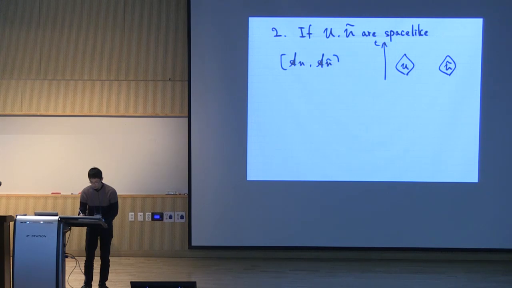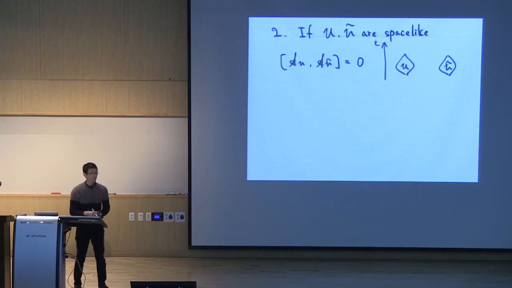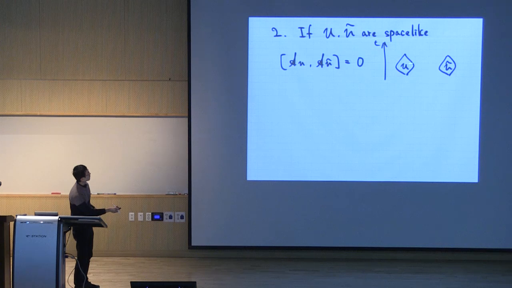This is also a very natural assumption, because they are causally unrelated, so their algebras must commute with each other.